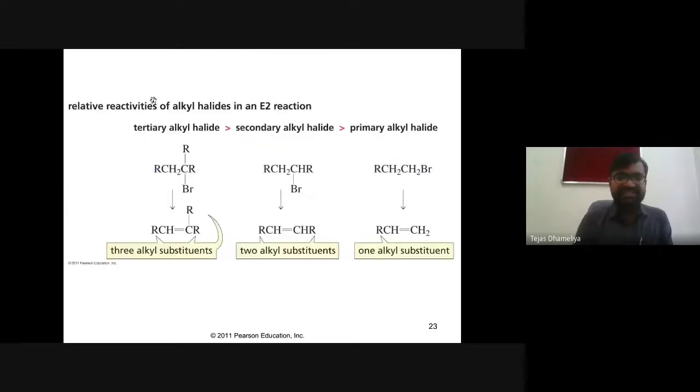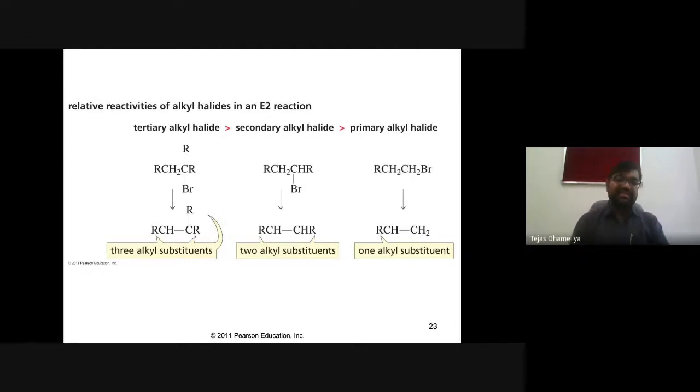Likewise, here is an alkene with 3 alkyl substitutions, which is more stable than one with 2 alkyl substituents, which is more stable than one with 1 alkyl substituent. And this alkene is more stable than an unsubstituted one.